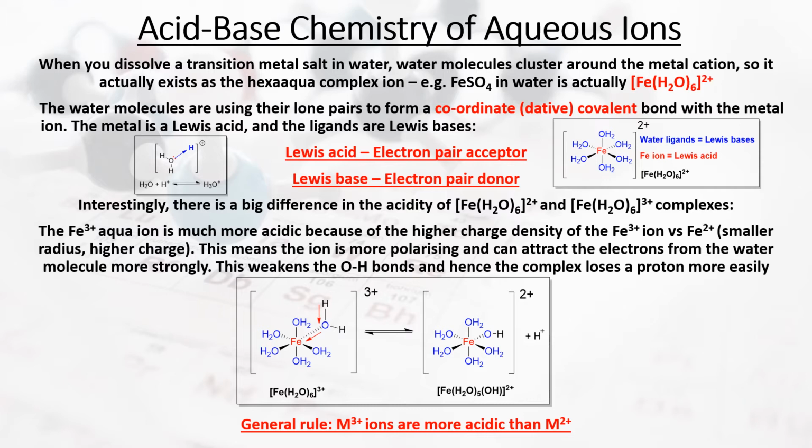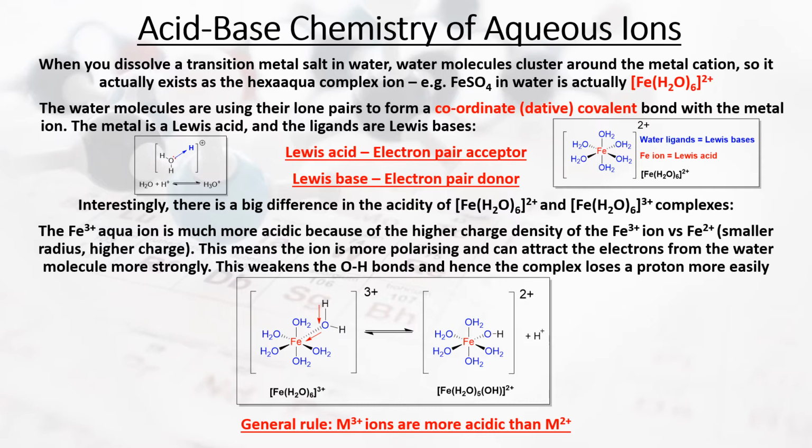That is that a Lewis acid is an electron pair acceptor, a Lewis base is an electron pair donor. And so because we have our ligands donating their lone pairs, in the case of the iron hexaaqua ion, we have our water ligands acting as the Lewis bases, donating the electron pairs, and we have our iron accepting our electron pairs, and therefore it's the Lewis acid.